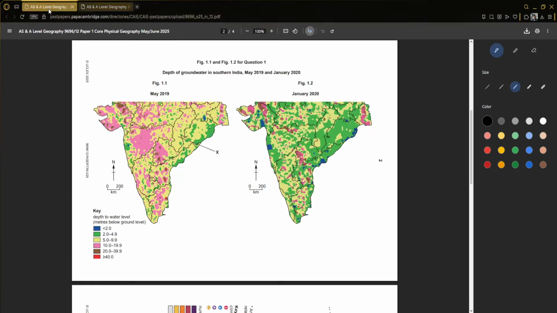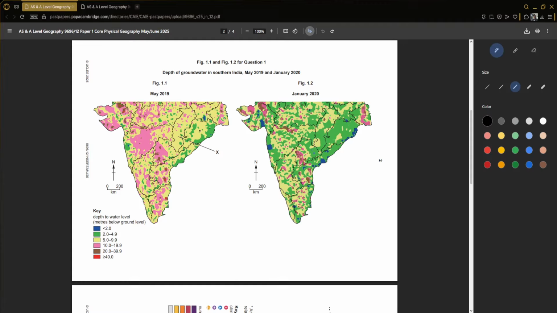For differences, you can easily see the groundwater level for January 2020 is much closer to the ground than May 2019, with less green and less of this color, yellow and blue as well. So you can say that in January 2020, the groundwater depth was much closer to the ground than May 2019, as there are more spots of yellow, green, blue, which are 9.9 to 20 meters below ground level, and that's one statement.